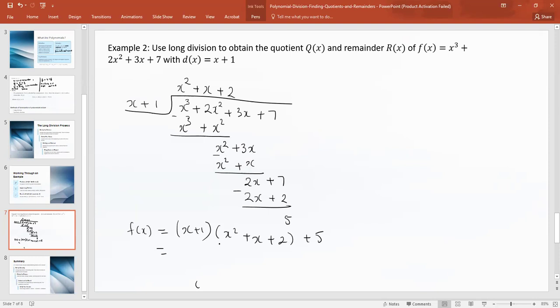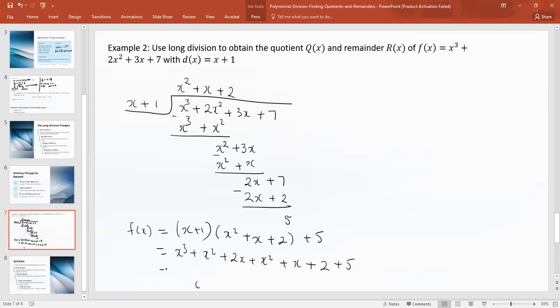So if you say x times x squared, you're going to have x cubed. x times x, you obtain x squared. x times 2, you obtain 2x. You now multiply 1 times x squared, you obtain x squared. 1 times x, you obtain x. 1 times 2, you obtain 2 here, plus 5.